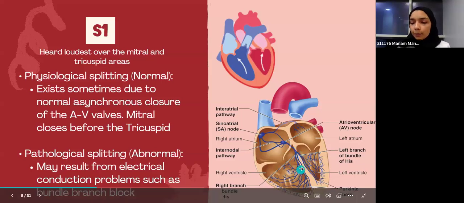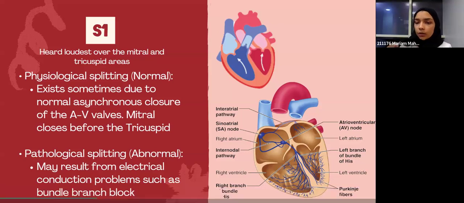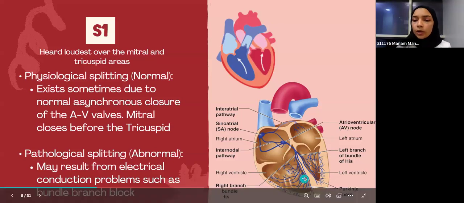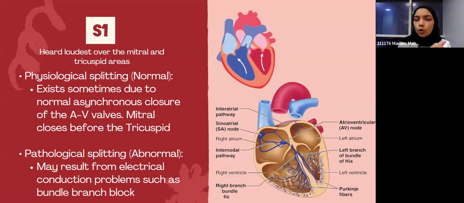So for example, if there's a problem here in the right bundle branch, okay, the electricity will reach the left ventricle faster than the right ventricle, right? So the left ventricle will contract faster than the right ventricle, and you will hear a split between them. This is a pathological split if it's caused by an electrical conduction problem.